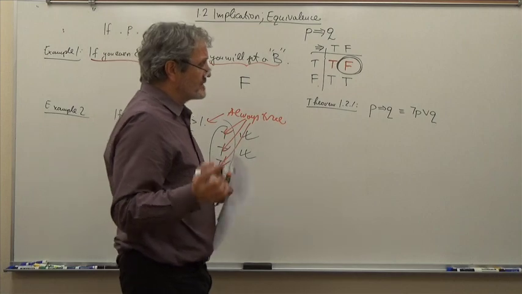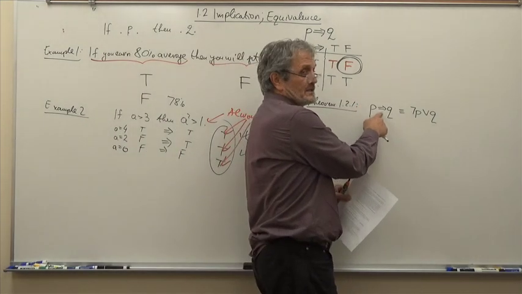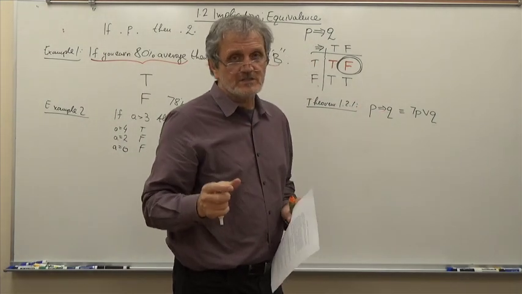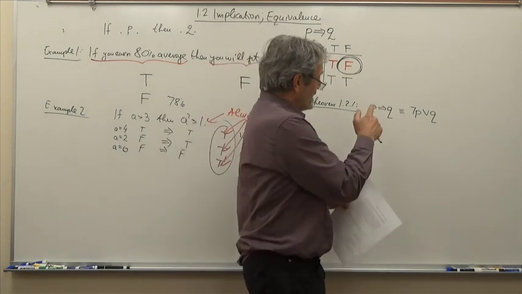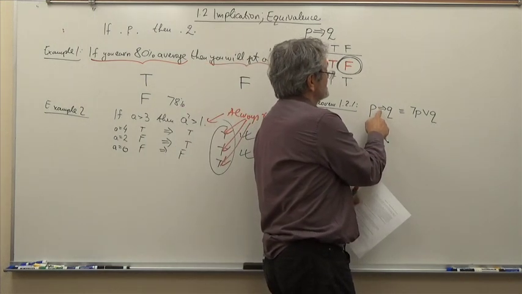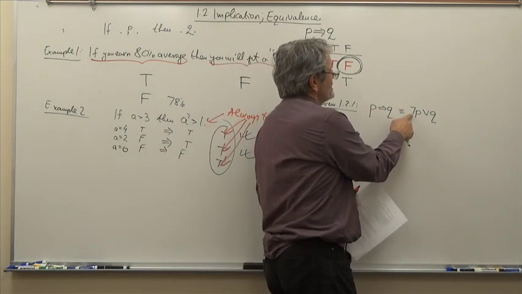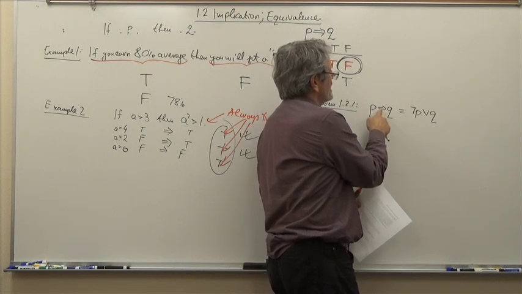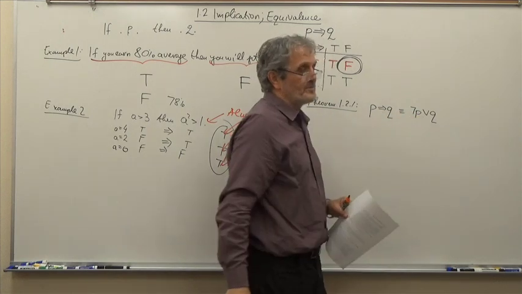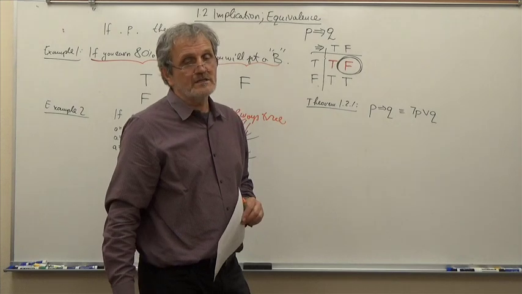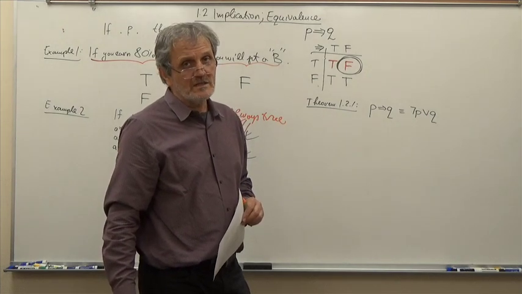Why is that important? For example, if you want to build a logic circuit, there's no symbol for implies, so you need to interpret implies in terms of things that do appear in the circuit. That's why this is really a way to treat implication.